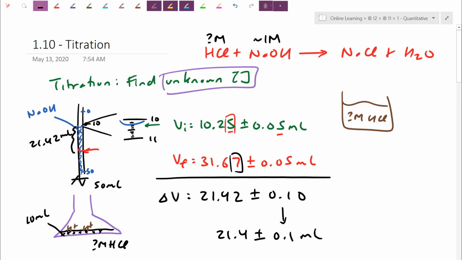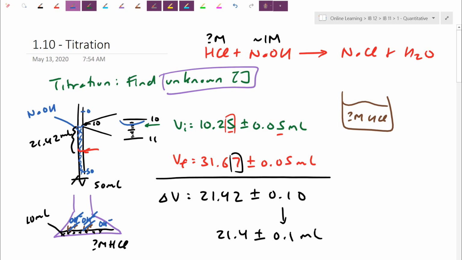So basically, as I drop in the base, I throw in the OH minus. I want the OH minus, if it encounters the H plus, that's going to undergo a neutralization, that's going to cancel out, and that's going to leave me, oh, I still have H plus around, drop more base. I want to look for the instant where when I drop more base, well, that base here can still find an H plus. If I drop another drop of OH minus, that OH minus here now can't find any extra H plus.